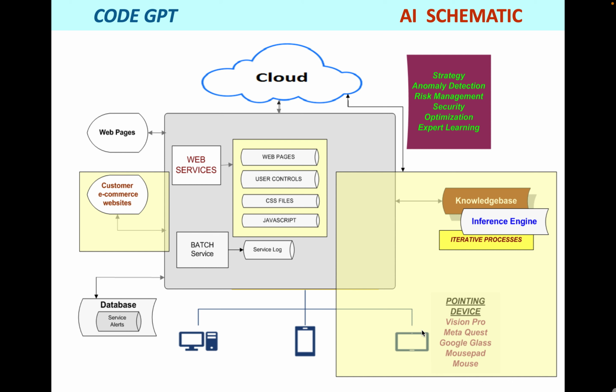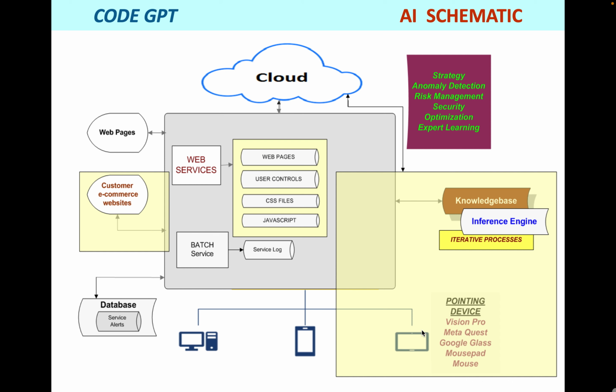Let's summarize at a high level the technology and hardware configuration. Of note here is the knowledge base, the inference engines, and the iterative processes that are set up and designed to continuously and automatically evaluate and improve themselves.